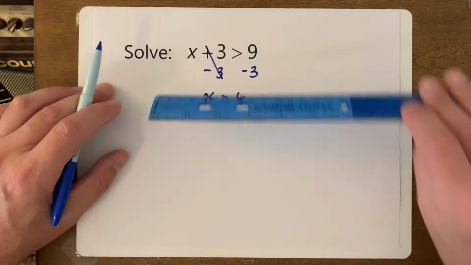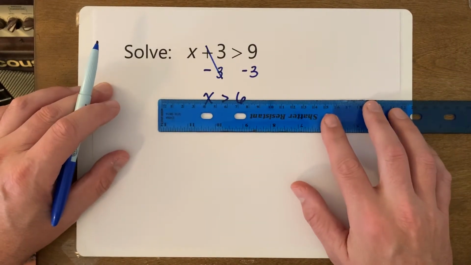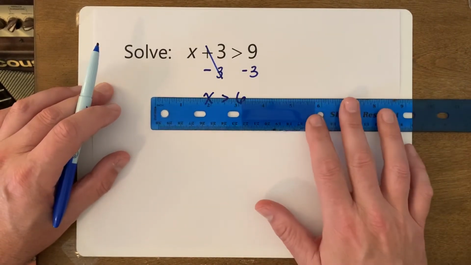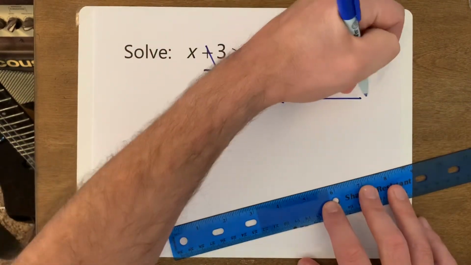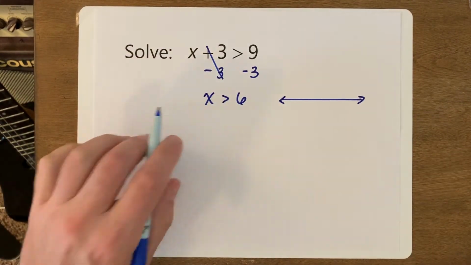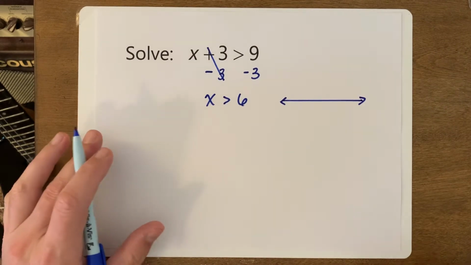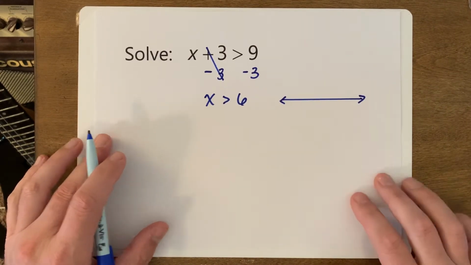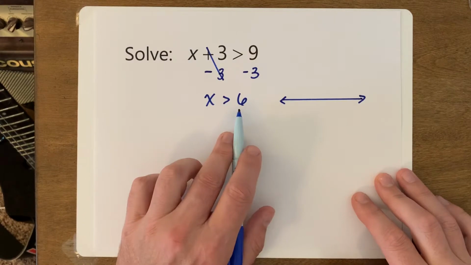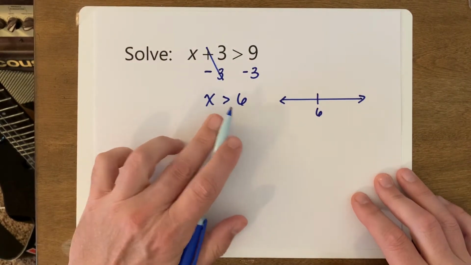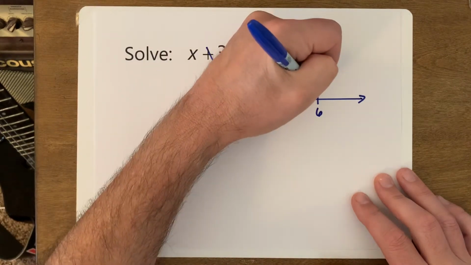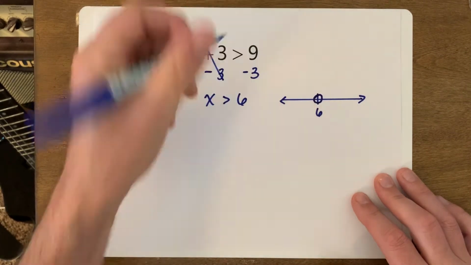So if we need to graph that solution set, I'm going to be showing you this too, just to make sure you guys know how to do this. If your professor or teacher gives you a number line with numbers on it, that's fine. I'm going to use blank ones. So the only number that really needs to be on here is 6. And then all real numbers greater than 6 would be an open circle at 6, because it doesn't include it.